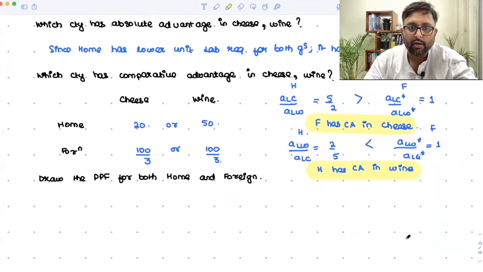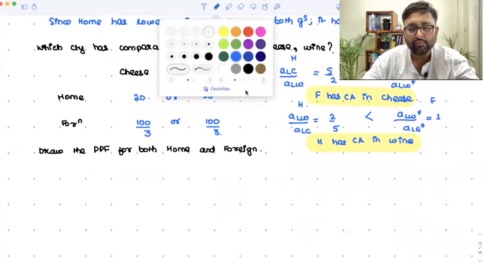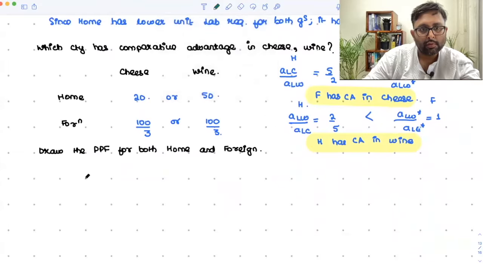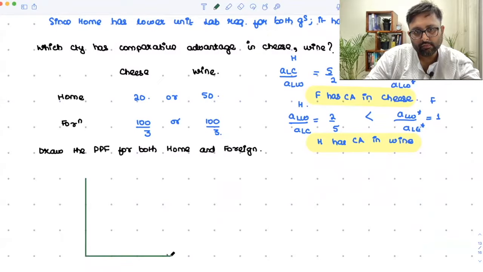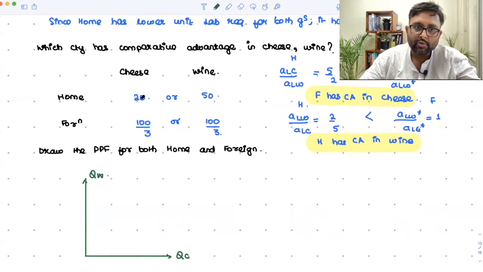Now, you can draw the PPF also. You've just calculated this. So you have QC, you have QW. If all resources are put in cheese production, we can produce 20 units of cheese.